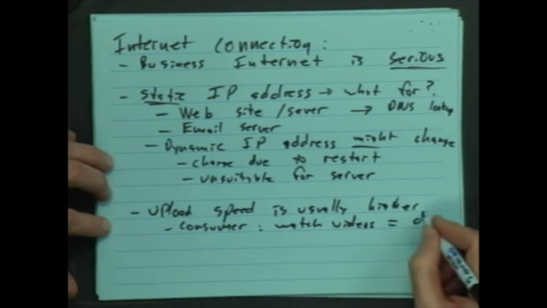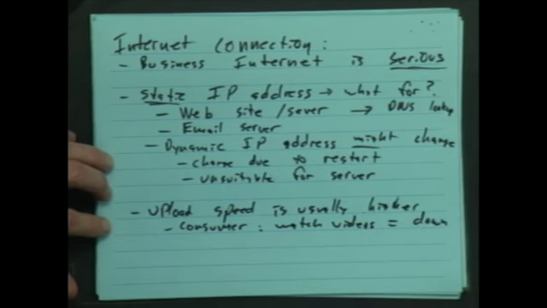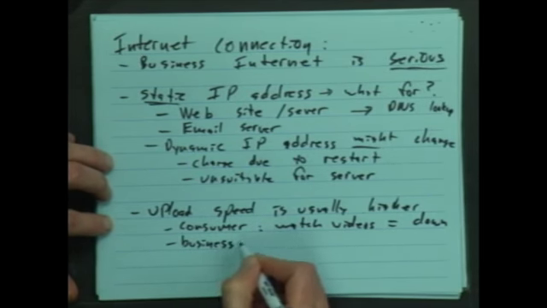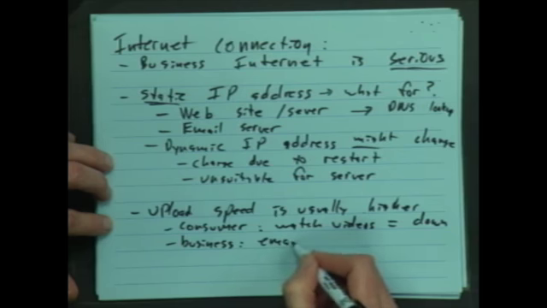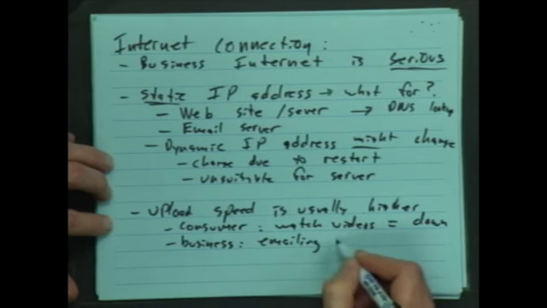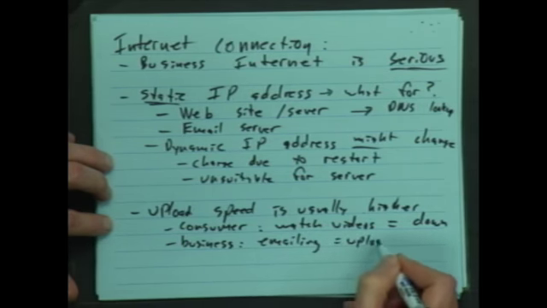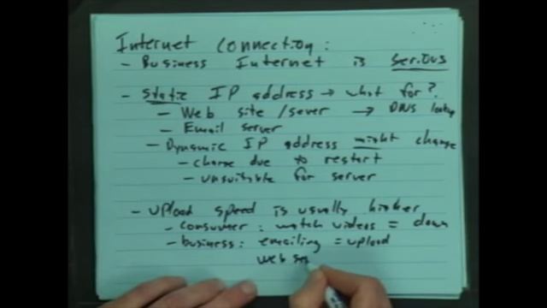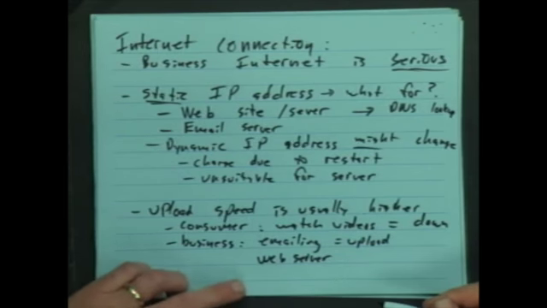That's lots of downloading, okay? A business is going to be emailing files. That's upload. And also, if you're doing a web server, that's going to be a lot of uploading too.